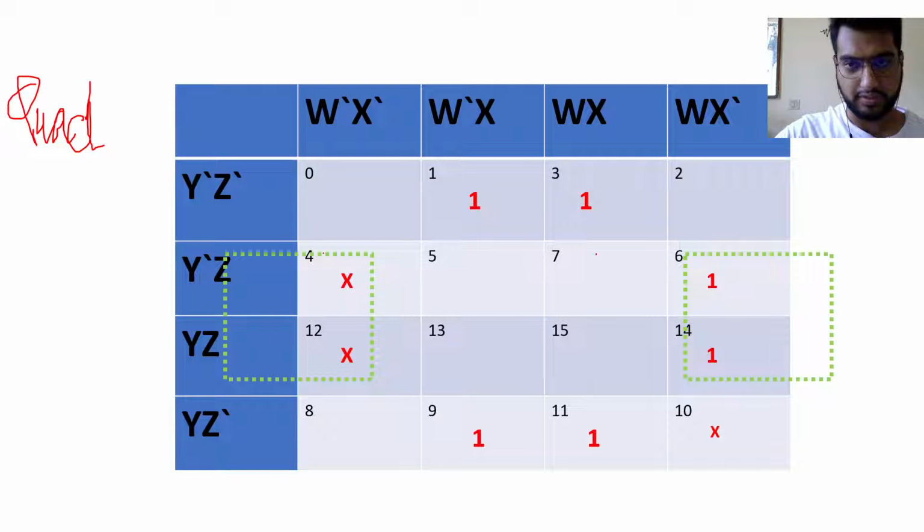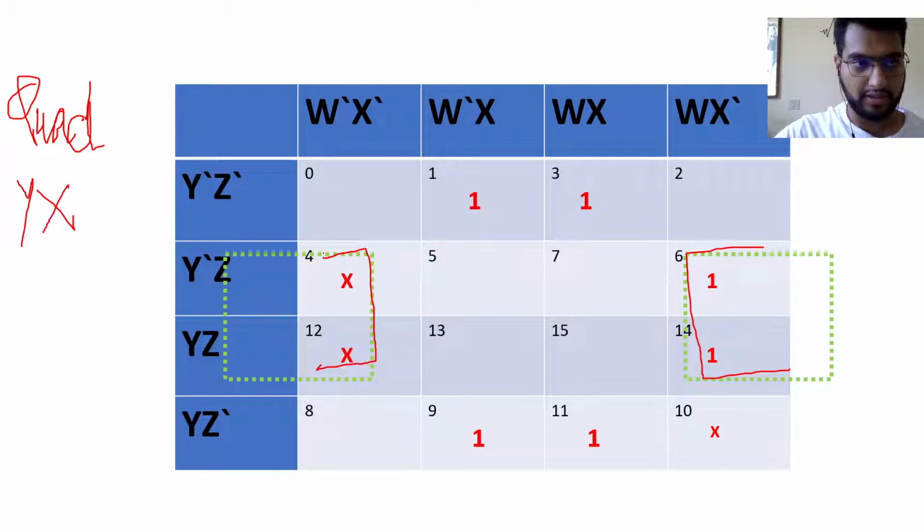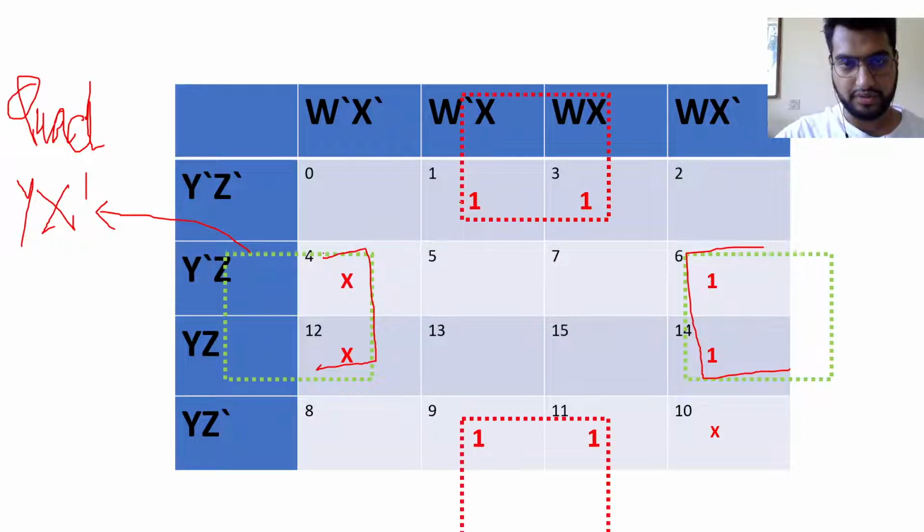We have this quad which is shown in these green dashes. So this will give us the term: y is not changing, so y, and x dash is not changing, x dash. This quad will be giving us the term y x dash. Then we can have another quad that will be covering these terms, which is shown in red dashes like this.